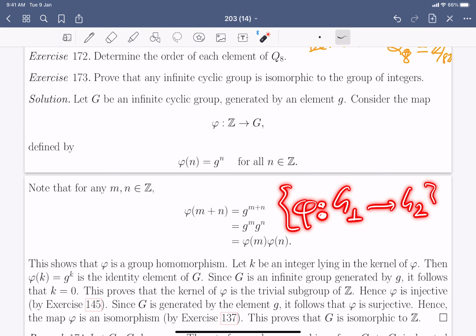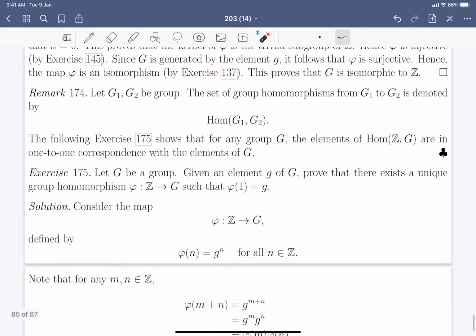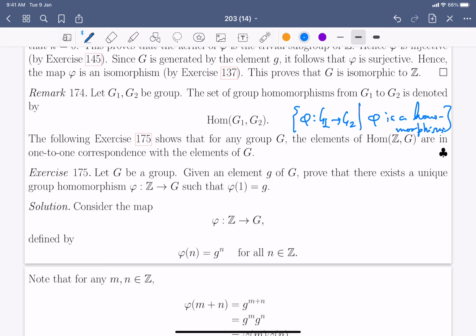Then we look at the set of all homomorphisms phi from G1 to G2, and the set is denoted by Hom(G1, G2).